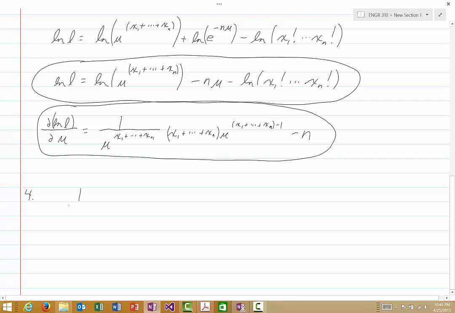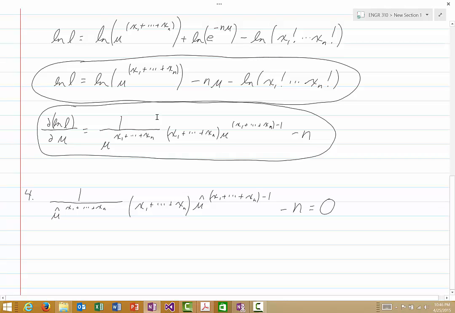So we get 1 over mu hat to the x1 plus dot dot dot plus xn power, multiplied by x1 plus dot dot dot plus xn, times mu hat to the x1 plus dot dot dot plus xn, minus 1, minus n is equal to 0.